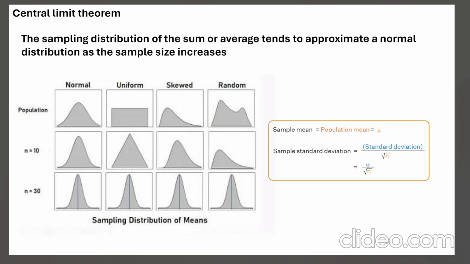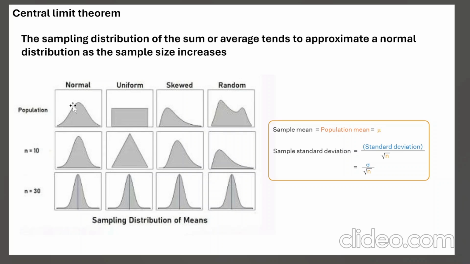Before going to discuss the problem, let's see what the central limit theorem is. The central limit theorem tells that the sampling distribution of the sum or average tends to approximate a normal distribution. As you increase the sample size, the distribution of the mean tends to a normal distribution, whatever the original distribution is.